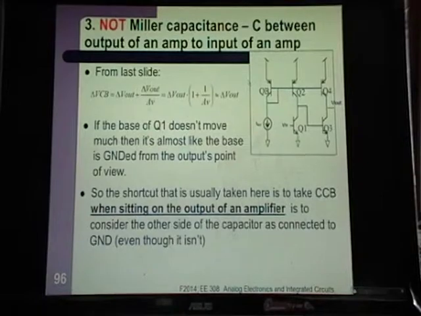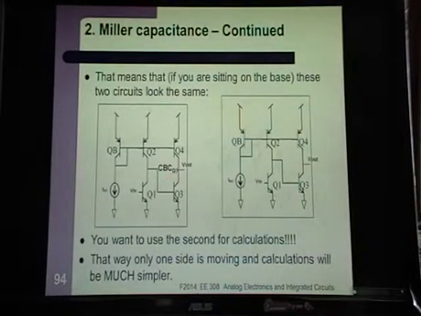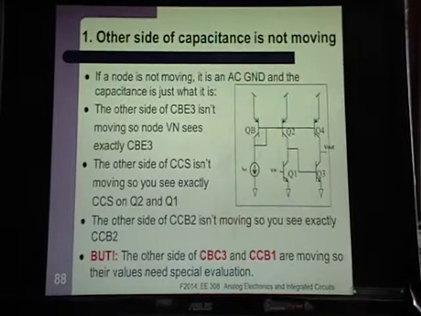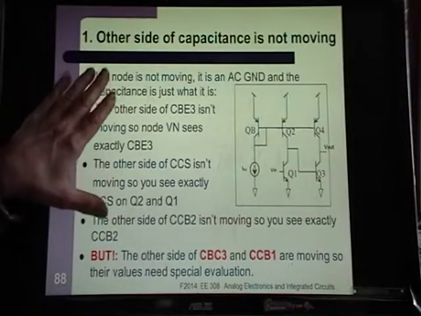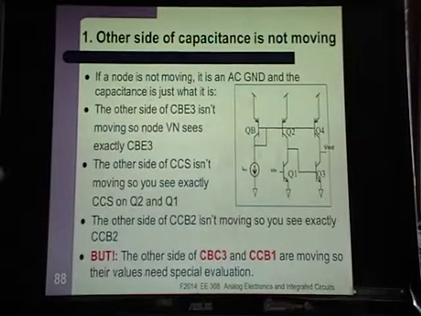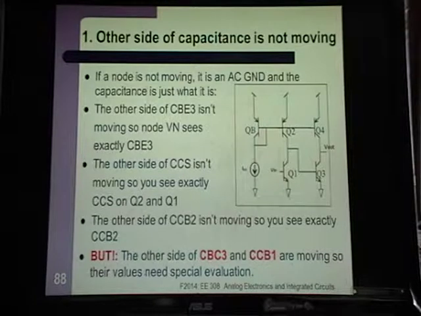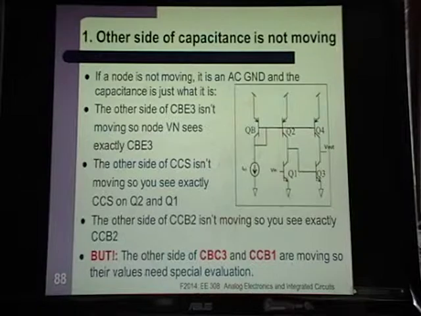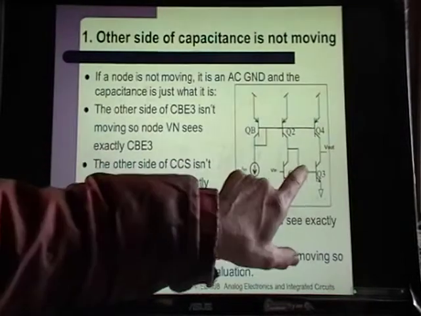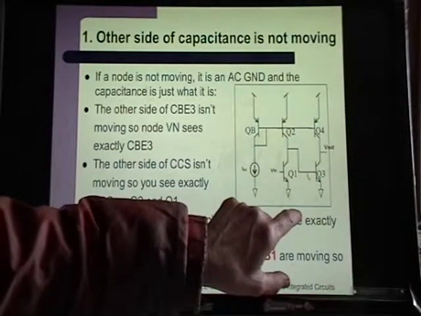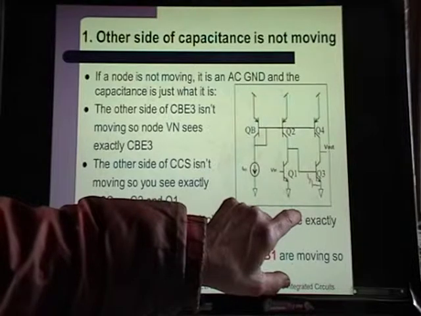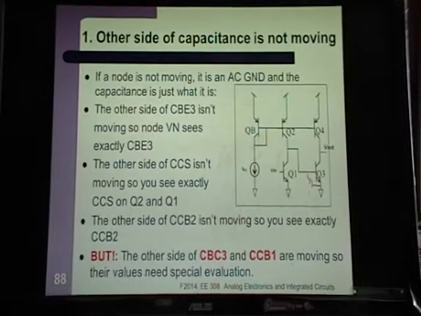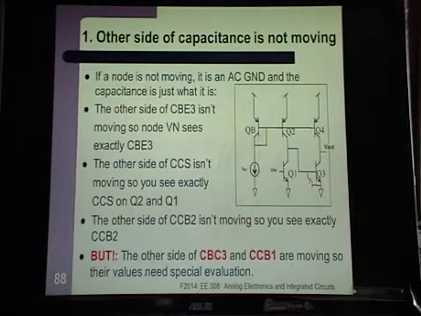Okay. So notice that these are numbered here. Number 1 is the easiest case. That's where you look at the other side of the capacitor and it's not moving. So let's look at that. If you're on the base here, you see a base emitter capacitance, C_BE or C pi.